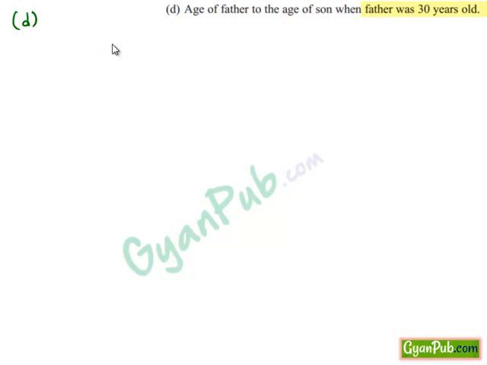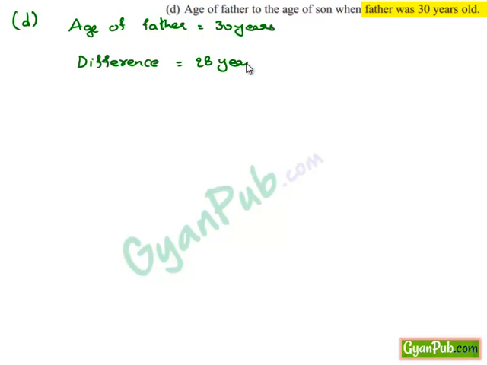In the D bit, we have to find the ratio between the age of father and his son when the age of father is 30 years. This implies age of father is 30 years, and we know that the difference between the age of father and his son is 28 years at any time.